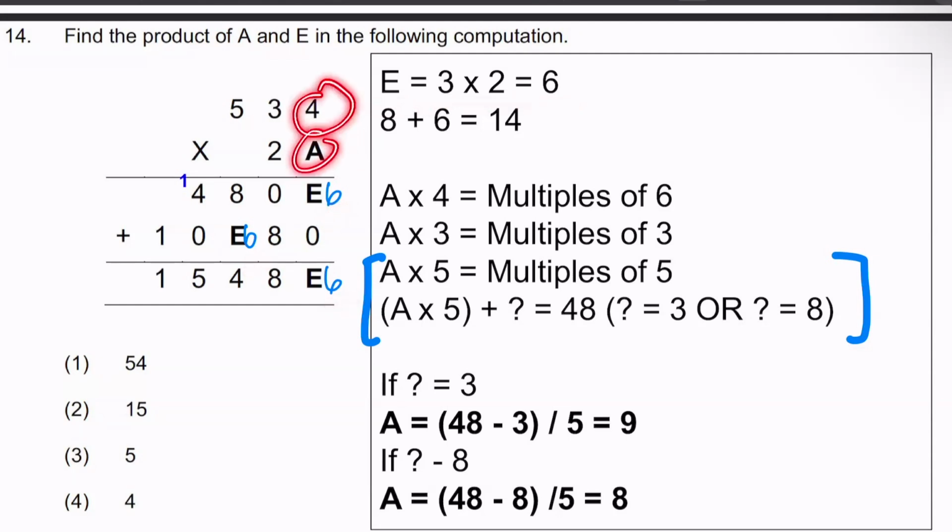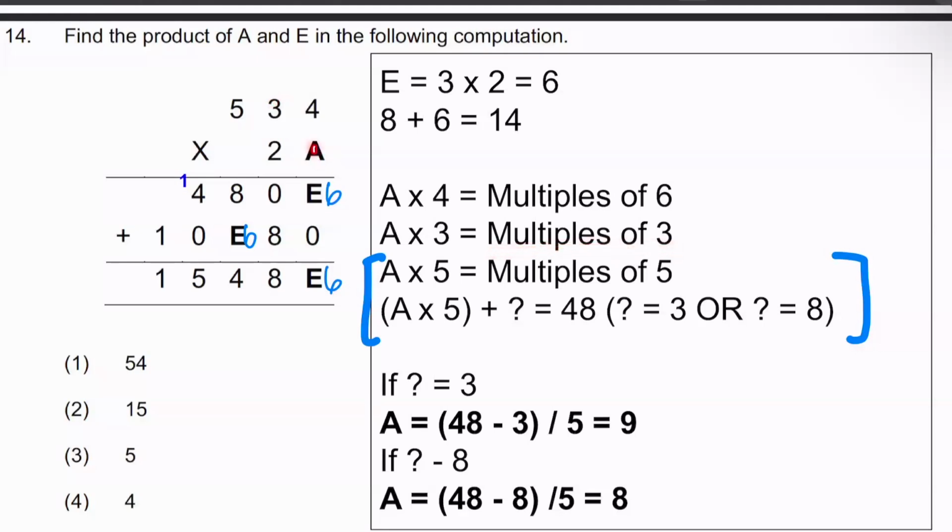A times 4, you must get a multiple of 6 because we already identified that E is equal to 6. So A times 4 must be a multiple of 6. Then A times 3, definitely it can be a multiple of 3, right?